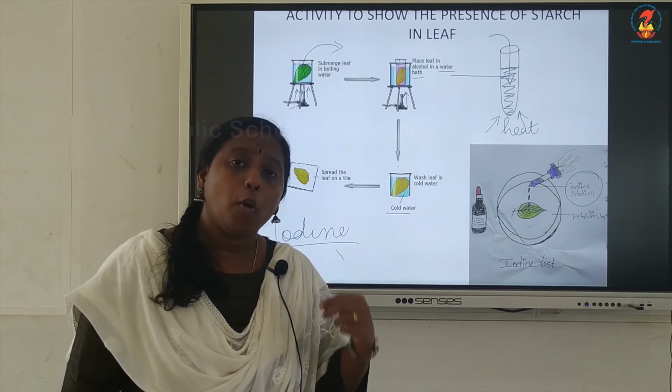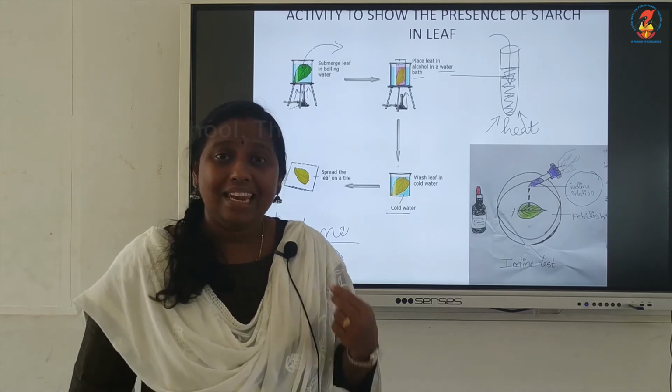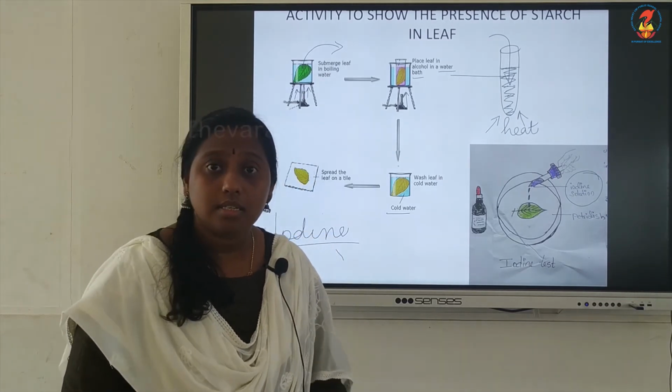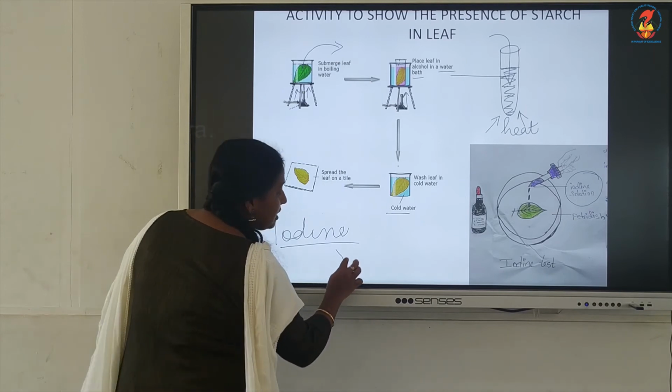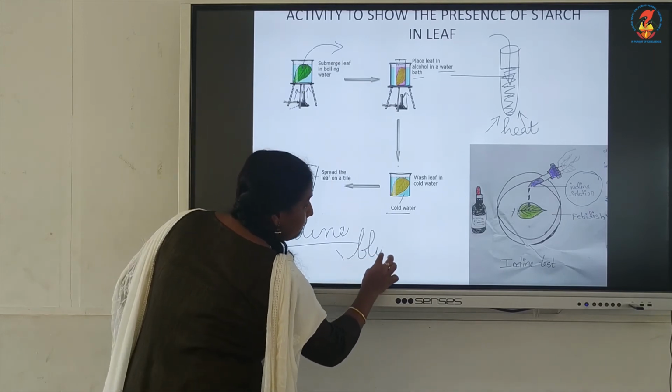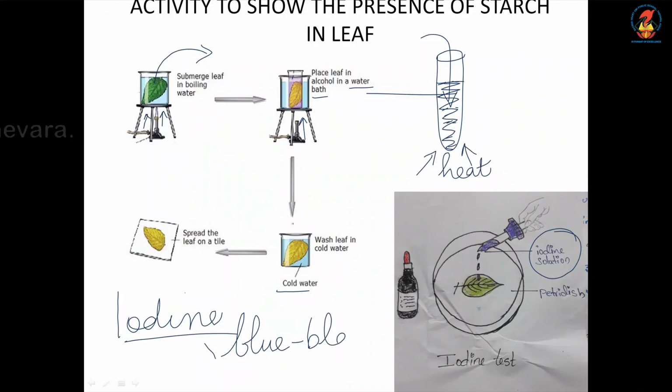Now when you pour iodine into anything which is having starch inside it, the color of that material will turn blue-black. So note this color, children, blue-black. So when you pour iodine into any material which is having starch inside it, the color will change blue-black.